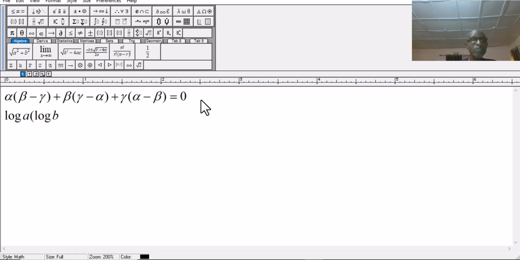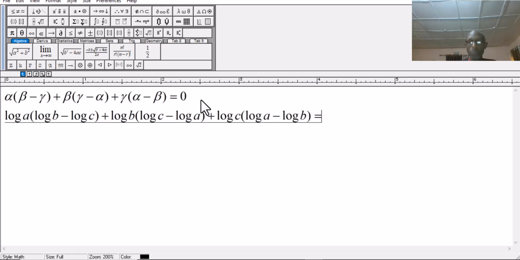Then log B minus log C, plus log B into log C minus log A, plus log C into bracket log A minus log B, everything equals 0.